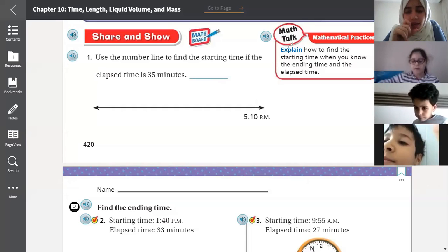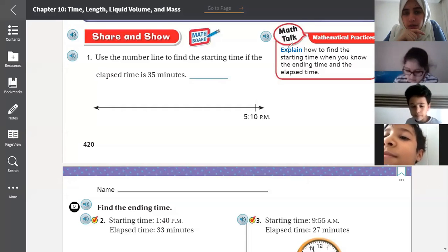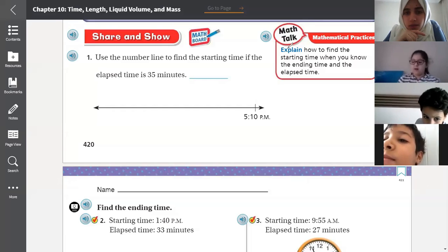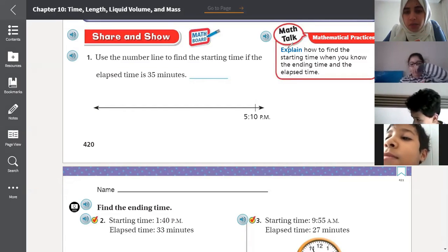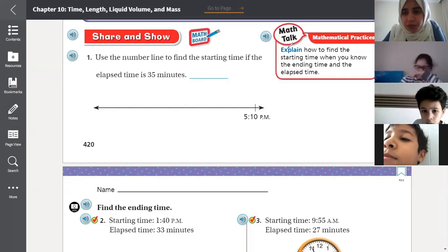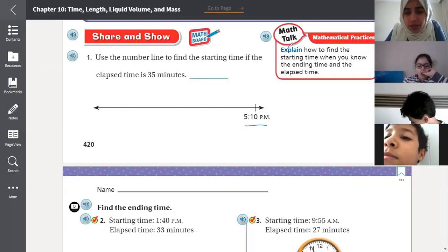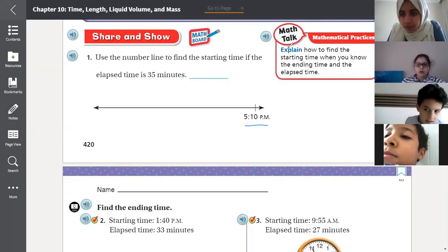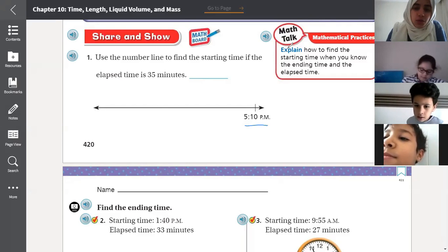Okay, so we know here that elapsed time is the time spent during the activity. So do we need to count backwards or forwards? We have the end time, so do we need to count back or count up? Back. So first thing, I need to subtract how many minutes?